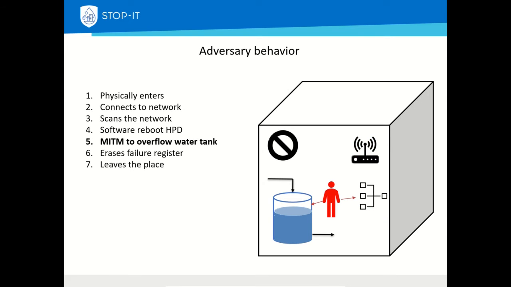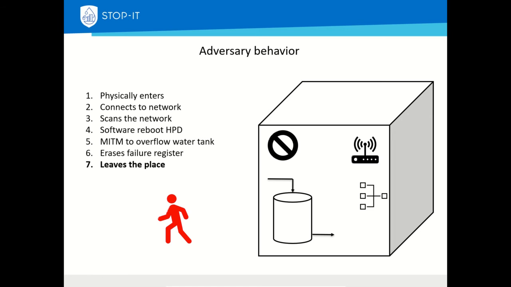Meanwhile, while HPD is rebooting, he performs a man-in-the-middle attack in the ICS network to overflow the water tank, and it succeeds. Lastly, he erases the failure register in our database in order to minimize his footprint. And then he leaves the place and returns the maintenance keys with no one noticing it.